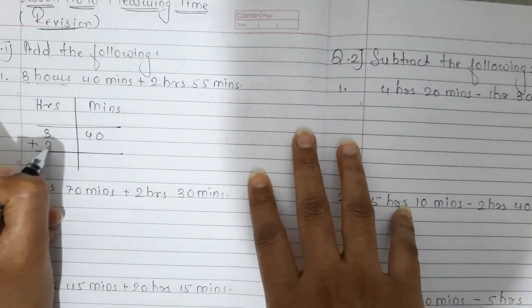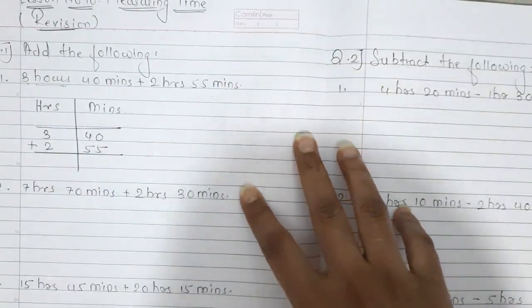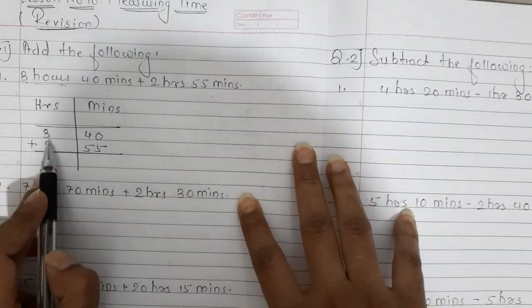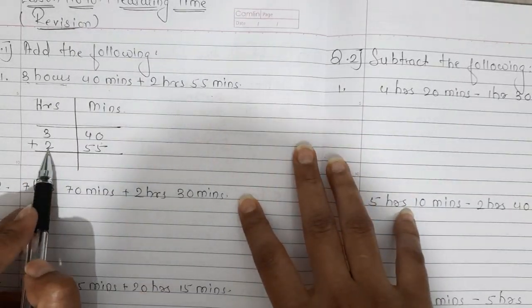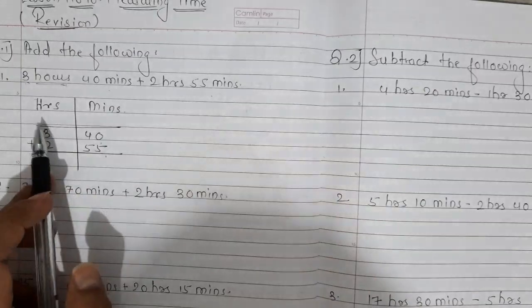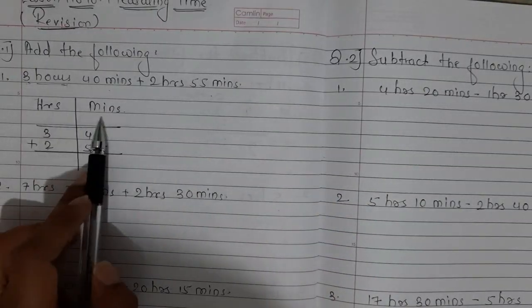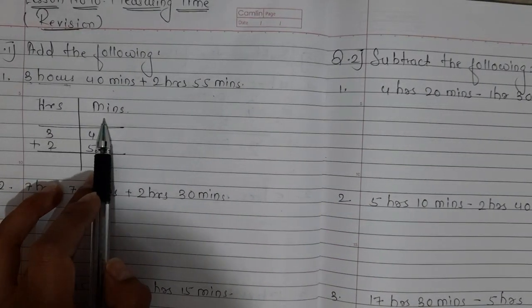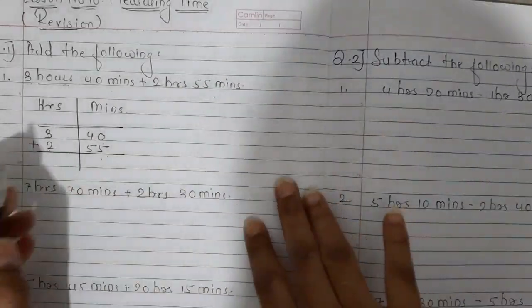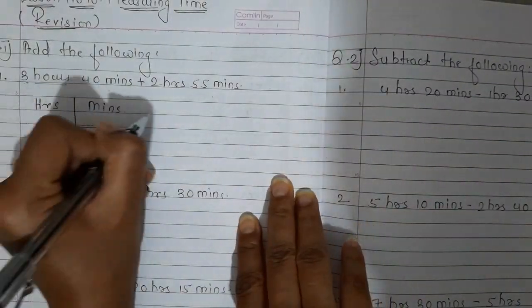Here hours is the bigger unit and minutes is the smaller unit, so first we have to add the smaller unit.